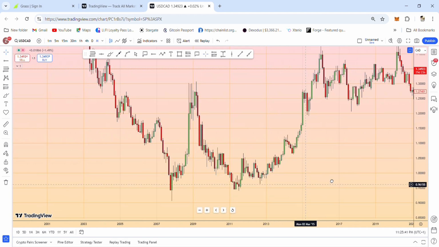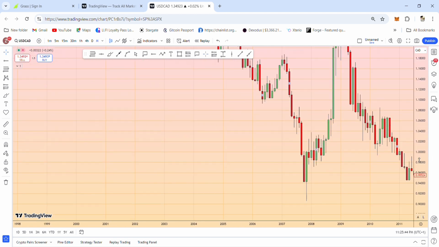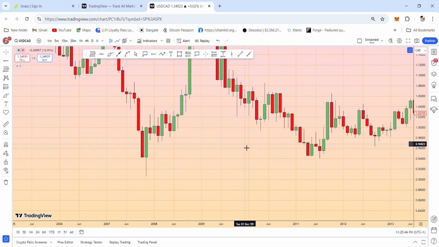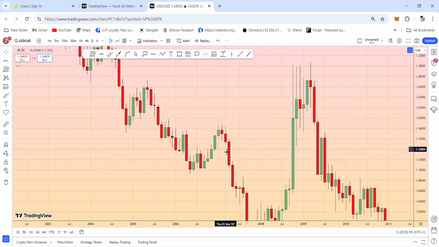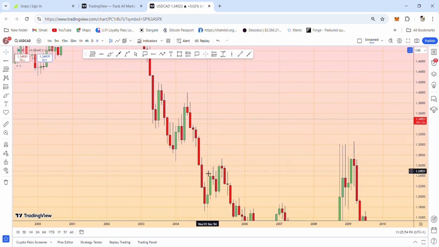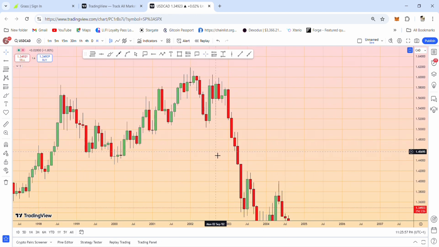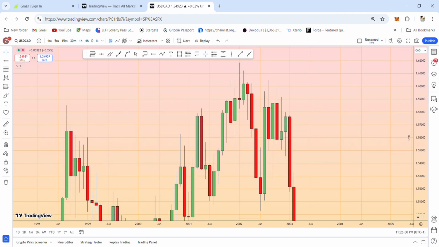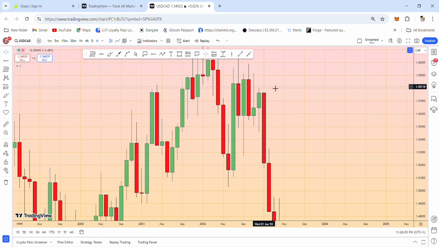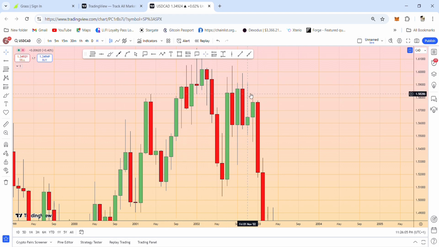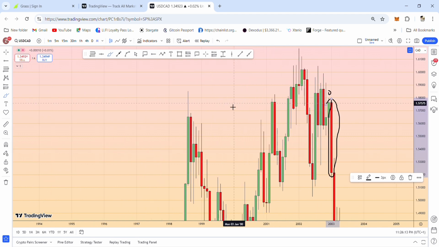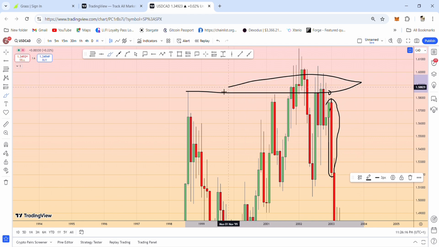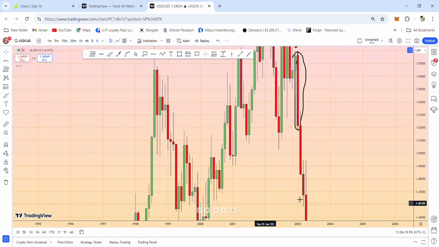So this is an example of an engulfing pattern candle. This is a bullish candlestick, and then a bearish candlestick engulfed it, and this is our resistance area where you're expecting sellers to come in.